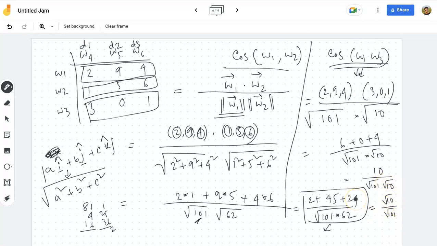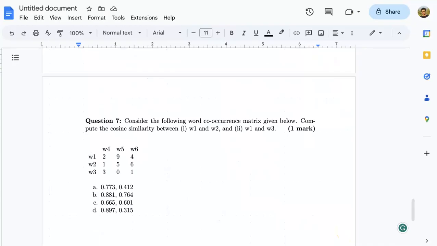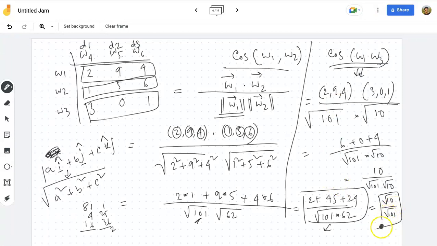Okay, so if you have calculated it, just calculate the value. I don't know if it is correct, so let's calculate the value to check it. It will be 10 by 101.